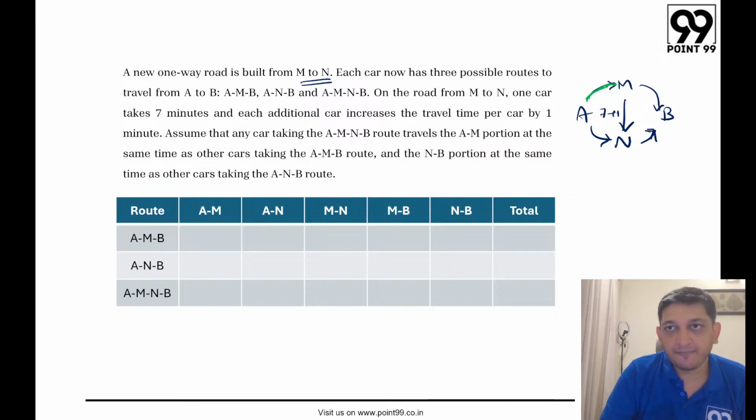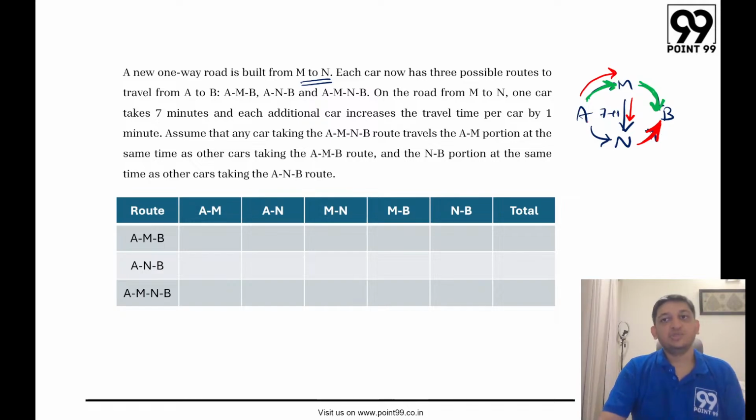So one route is A to M and M to B. Another route that uses this AM road is A to M, M to N, and N to B. Okay, so these are two routes. Now the question says that when a car is taking this route AMB, it is traveling at AM at the same time as another car that is taking the AMNB route, which means that if two cars are going on AMB, let's say, and two more cars are going on AMNB, then AM will be traveled by four cars simultaneously, and that's why the time will basically rise. Right?